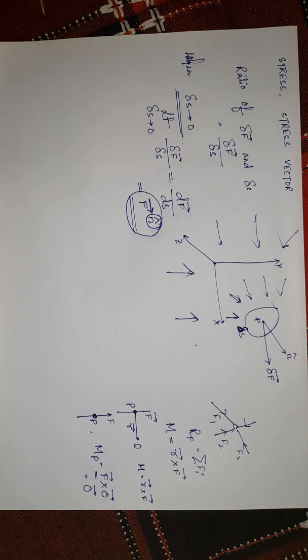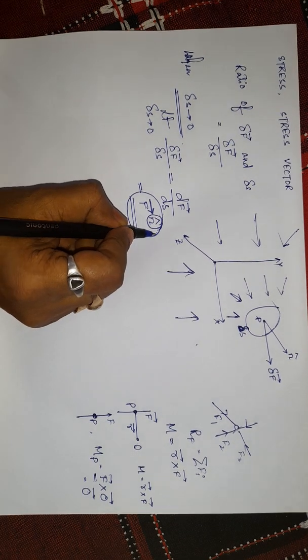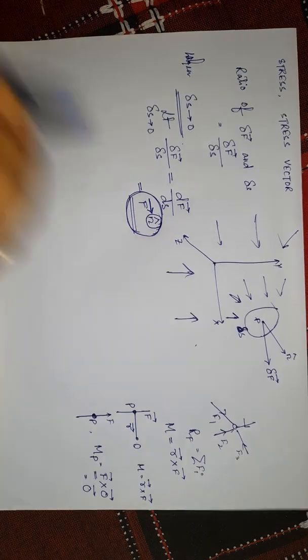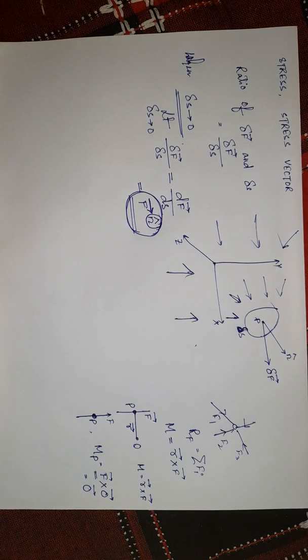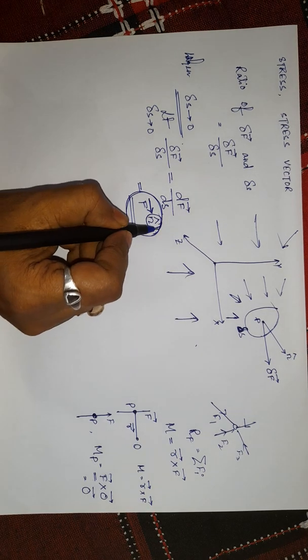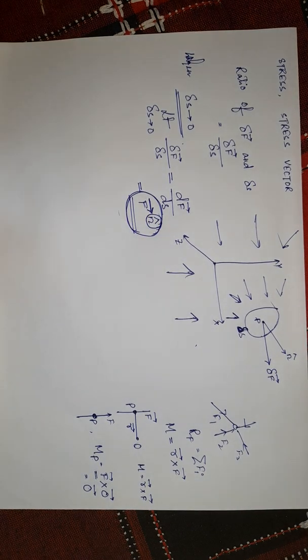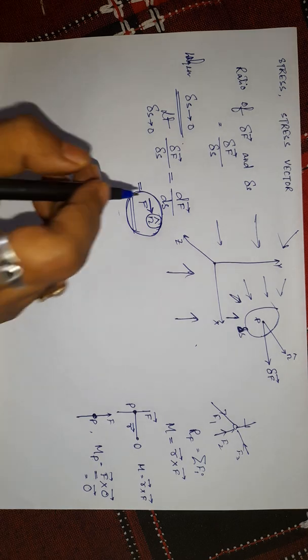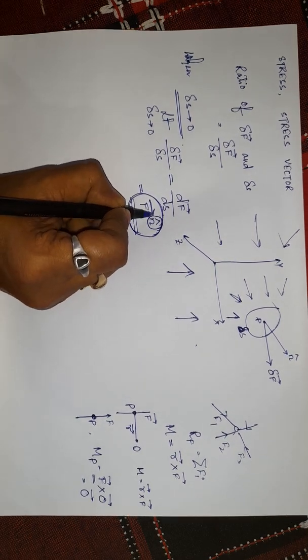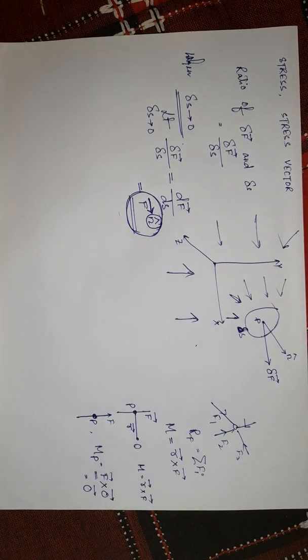So now you see, we are getting a physical quantity that is associated with two directions. One is the direction of the force, and the other is the direction of the surface, or orientation of the surface, at which the force is applied.